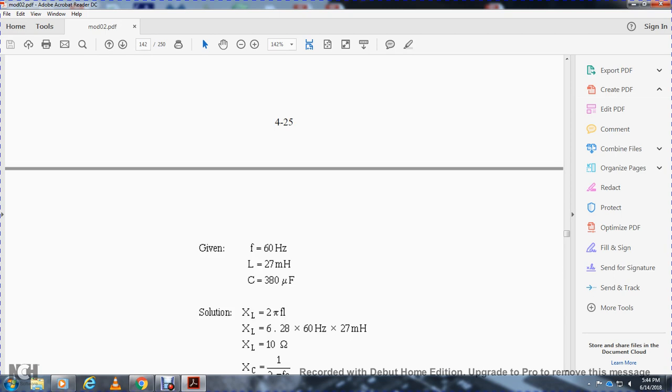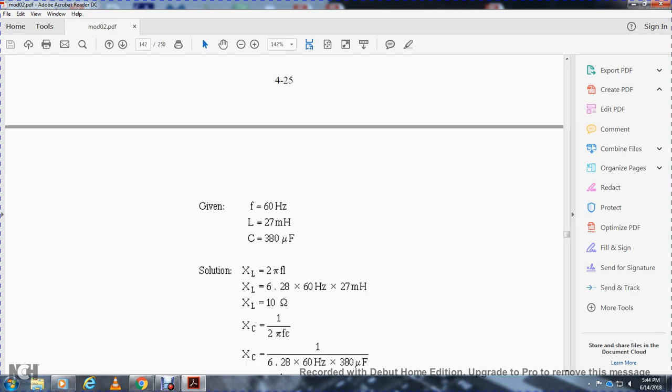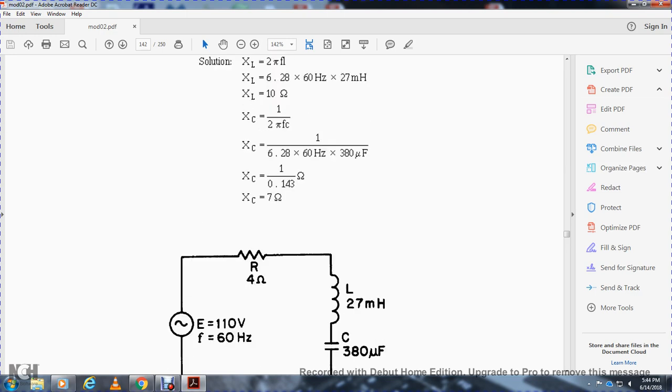You have 60 hertz with an inductance of 27 millihenries and a capacitance of 380 microfarads. The inductive reactance would then be 10 ohms. The capacitive reactance would be 7 ohms.